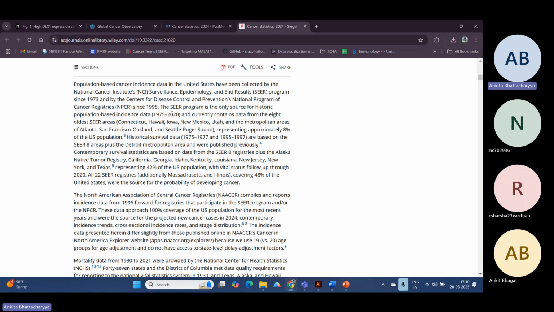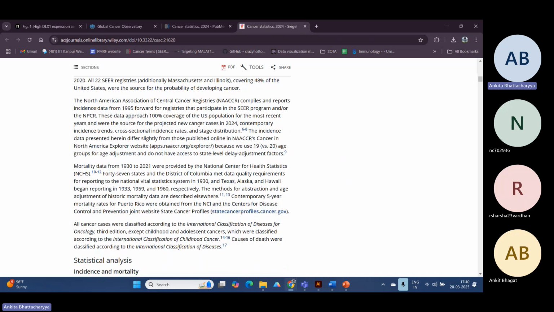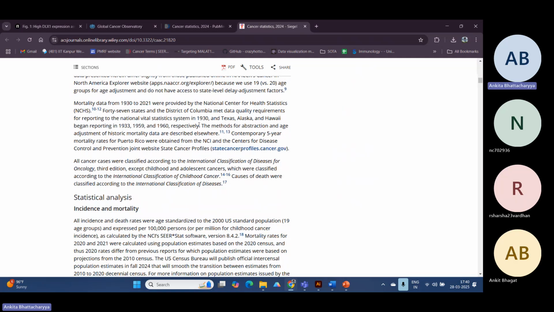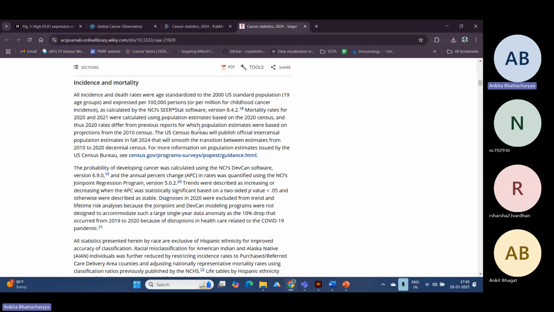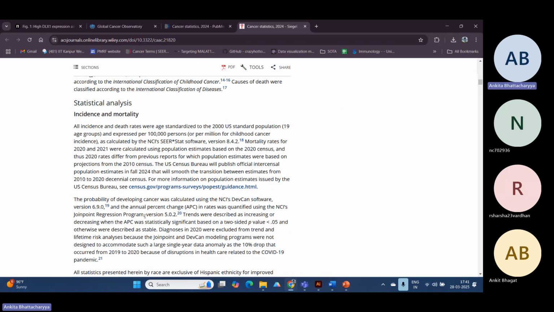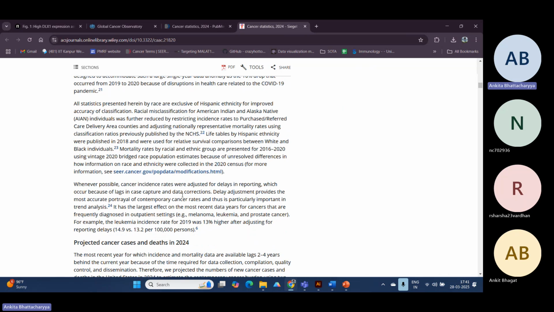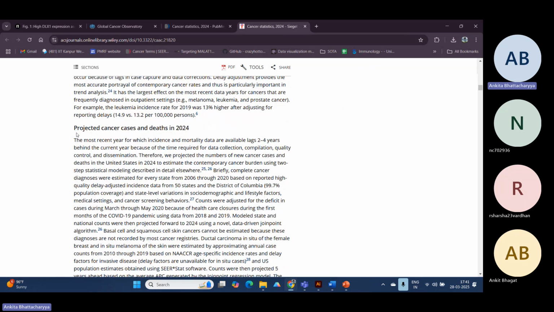How there are collaborations between multiple institutes that are running this program, and which locations are they using for sampling? What is the way in which they are showing all of these different reports, like, for example, incidence, mortality, like I just discussed. Furthermore, they also give you information about projected rates of that disease.